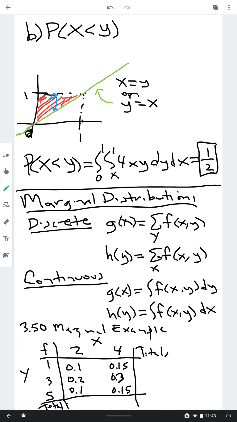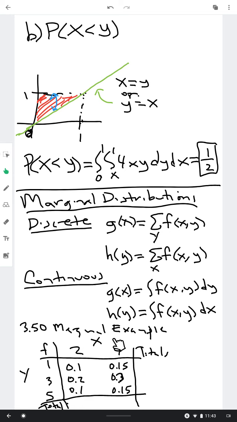So if I look at the probability that x is equal to 2, I can just add the probabilities. Fix x equal to 2 and add up all the probabilities for y equal to 1, 3, and 5, right here. If I add those together, keeping x equal to 2 and summing up all my y values, I get 0.4.